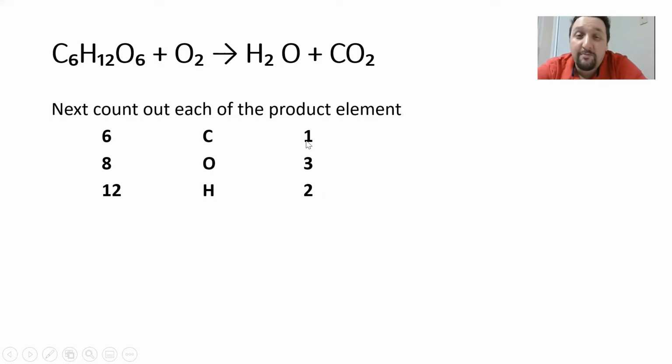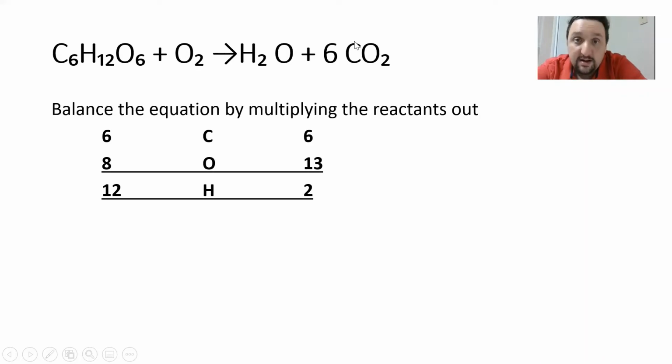Let's start out by balancing the carbons. To do this, we're going to multiply the right side, the carbon dioxide, by 6. In doing so, that means I have 6 carbons and 6 times 2, 12 oxygens, and don't forget that extra oxygen over here.